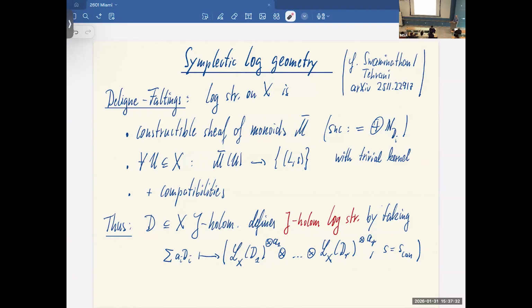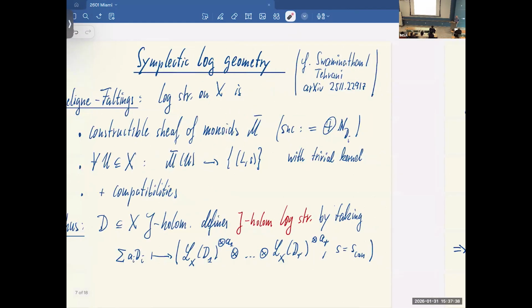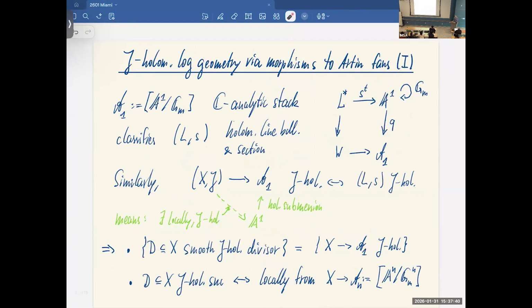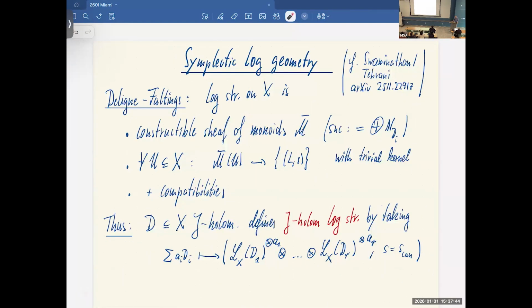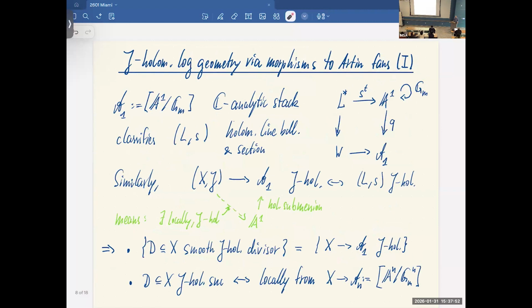So it's essentially just spelling out what it is and then saying how Tirani's work fits into that framework. Of course, Tirani's wouldn't be a J-holomorphic divisor, right? So you have to be a little more careful about what they have.